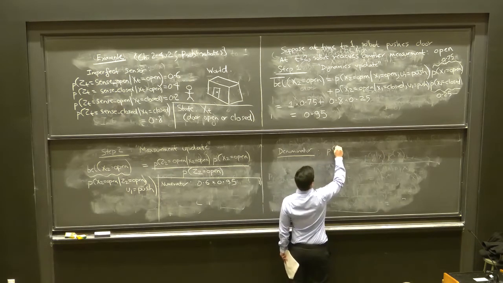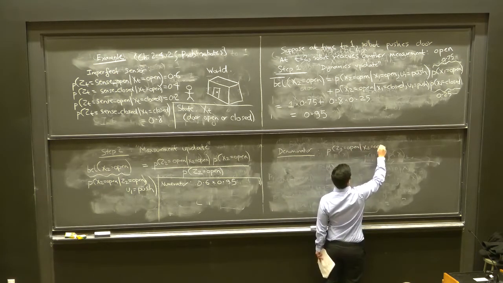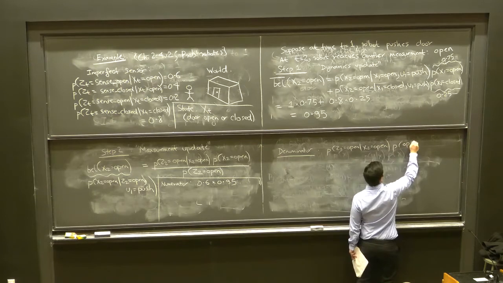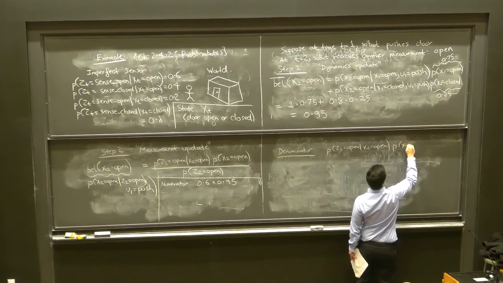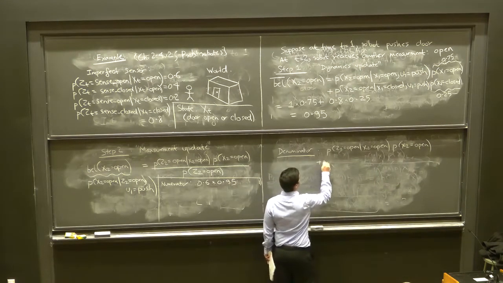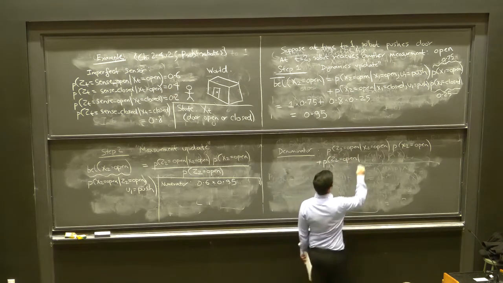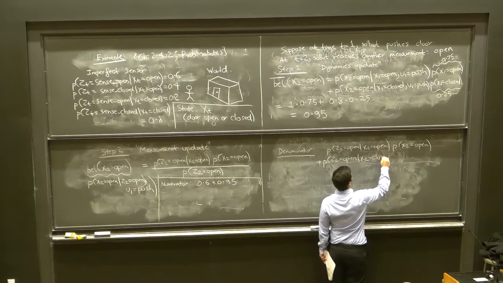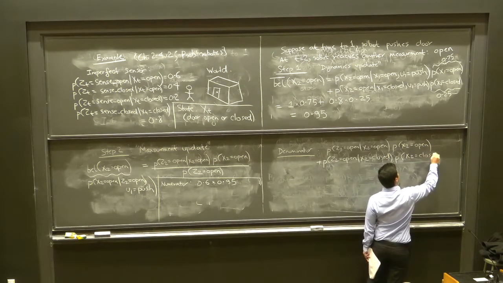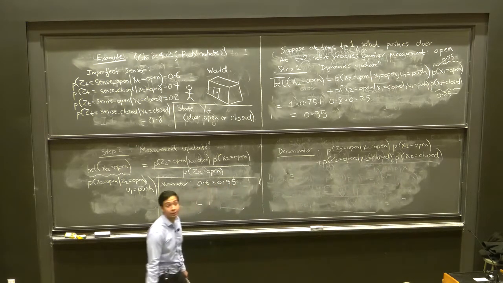So that's P of Z2 is open, given that the door is open, multiplied by this prior probability that the door is open, plus the other possibility: the door sensed to be open given that the door is closed, multiplied by the prior that the door is closed.